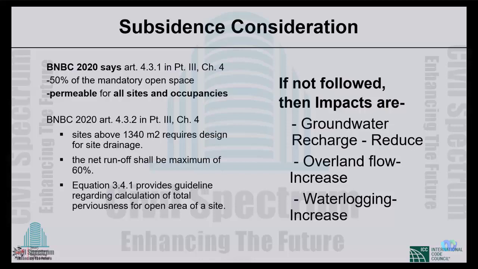Yes, and then also the code of 2020 article 4.3.2 mentions that when the developed area is more than 1340 square kilometers, you have to look at the drainage patterns, the drainage system of that particular site. Very important. And there is the concept of zero discharge.